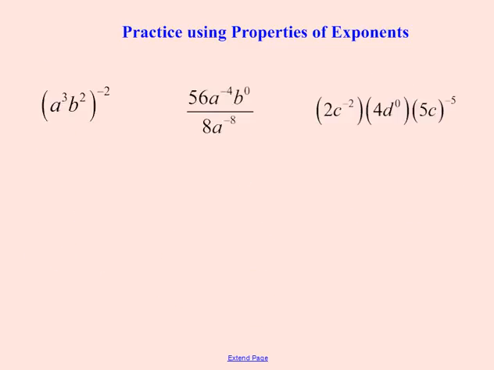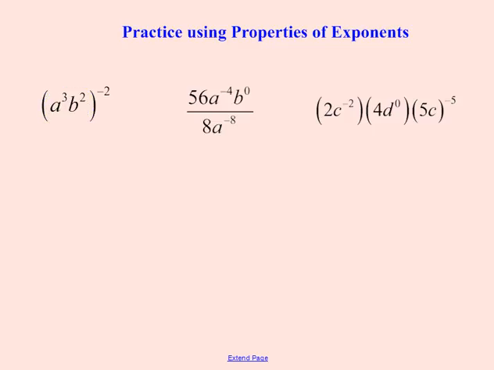All right, here are some more examples. Let's keep going. This is one of those algebra skills that you have to practice, practice, practice in order to get it. All right, so we have a to the third times b squared, all raised to the negative 2 power. All right, so since I am raising an exponential expression to a power, I can use the power rule.